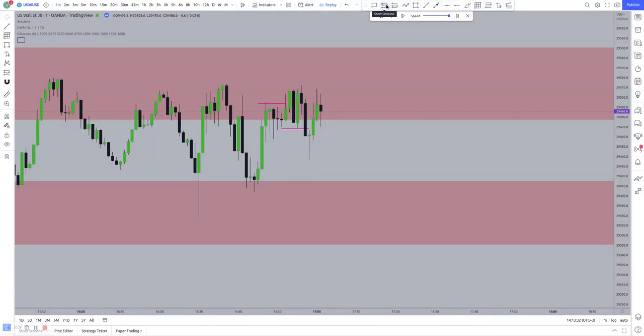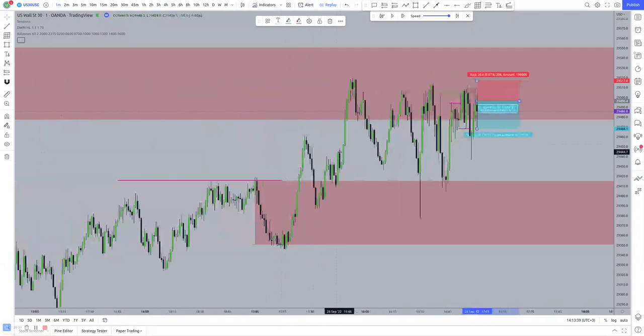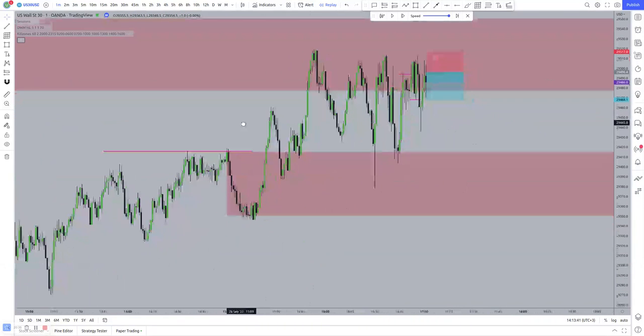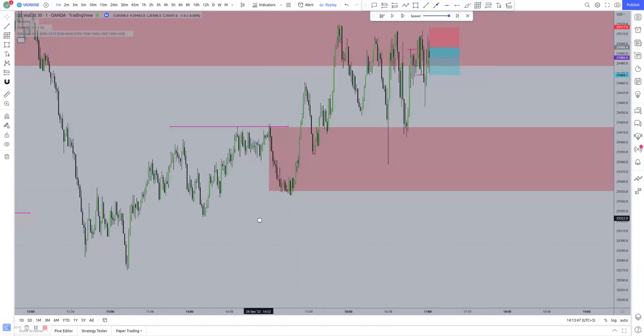So if I entered my short here, my stop loss a little bit above this high. And where do you think I would target? Where do you think will be my next target? I'll show you.